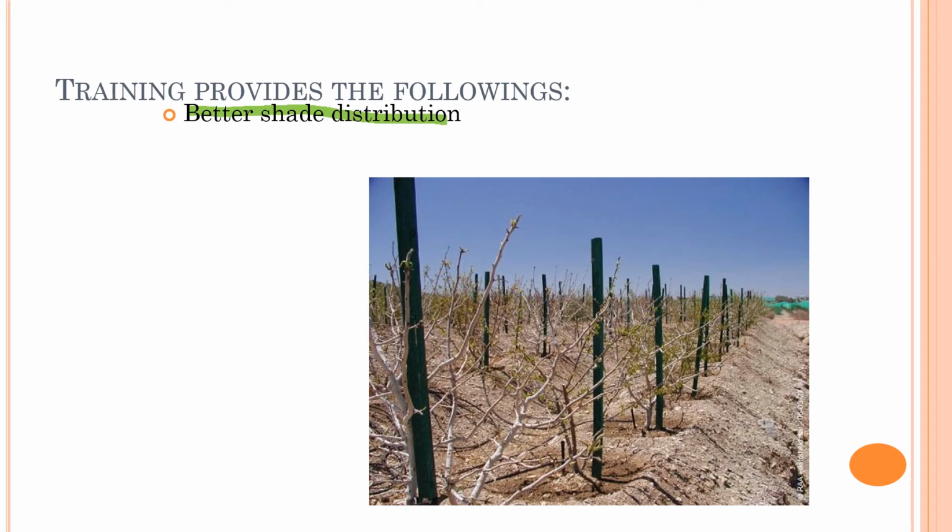That means the light. When you do training, you can see here the training is done on wires and on these wood or metal poles. So now you can see the tree is trained along these wires in this orchard.